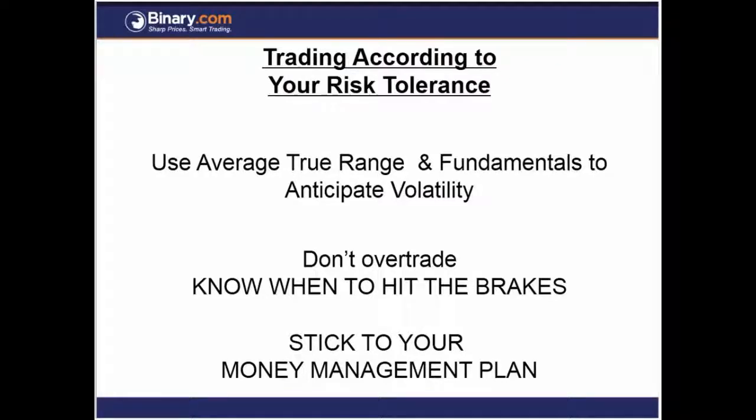Quite often, when fundamentals and news come out, we expect volatility. So we use average true range and fundamental news and announcements to anticipate volatility in the markets. And when the market is a little bit turbulent and maybe a little too volatile, we know when to hit the brakes, when to pause, and when to re-enter the market.